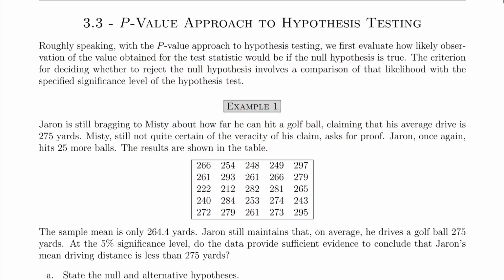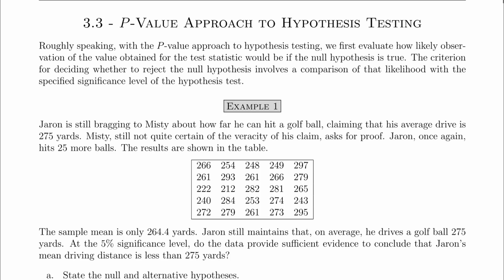So you can see here we start out with the same example that we had yesterday. Jaron is just really adamant about being an excellent golfer, and that he can drive the golf ball 275 yards on average. So Misty just provided us with the table of data again. And I didn't get really creative because it's the same data from yesterday.